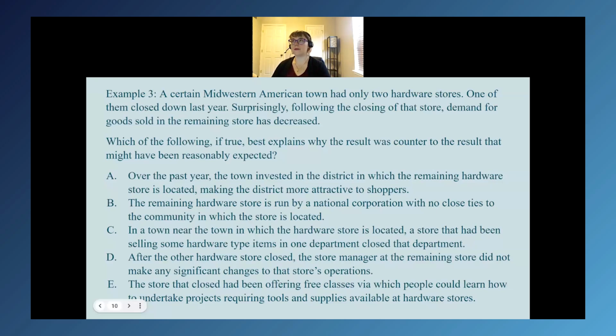But now that those free classes aren't available, that external factor that was increasing demand, education, isn't there anymore. And that could have caused the overall town's demand for hardware to decrease.